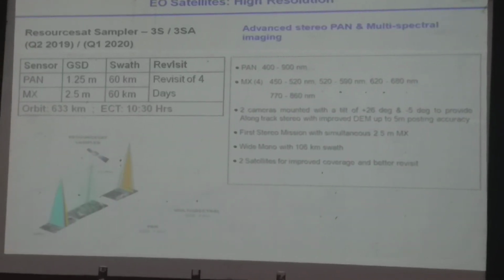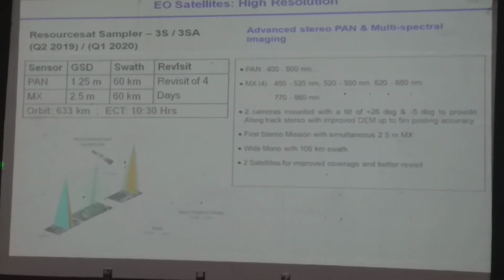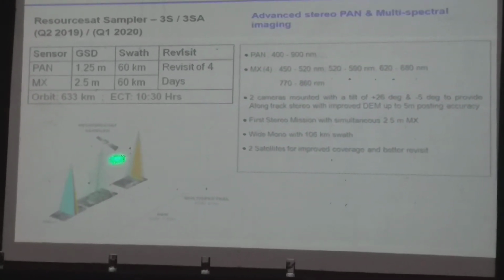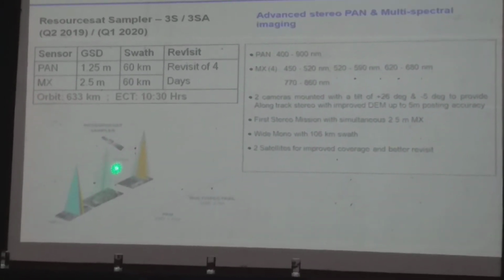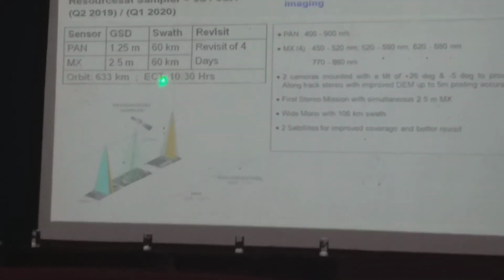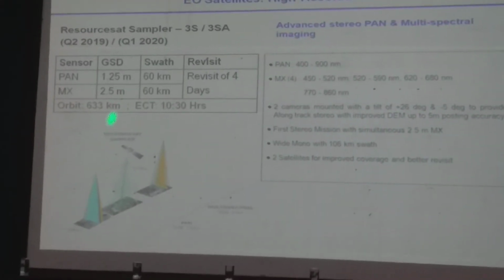Now, there are different types of satellites. I will not go into them because it will take a lot of time to explain. But as an overview, the satellite takes the picture, and based on the camera, its swath and field of view determine its resolution.